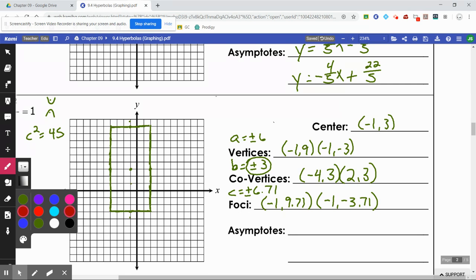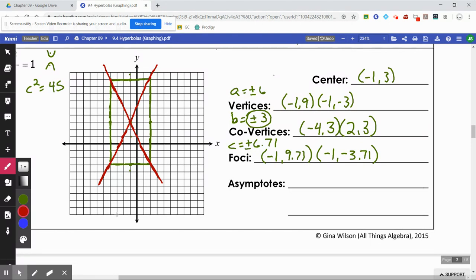Let's draw our lines from the center, passing through the corners. So that's our first asymptote line from the center passing through this corner. There's our second asymptote line. So our two asymptote lines, we can go ahead and find them if you'd like, will be y equals.